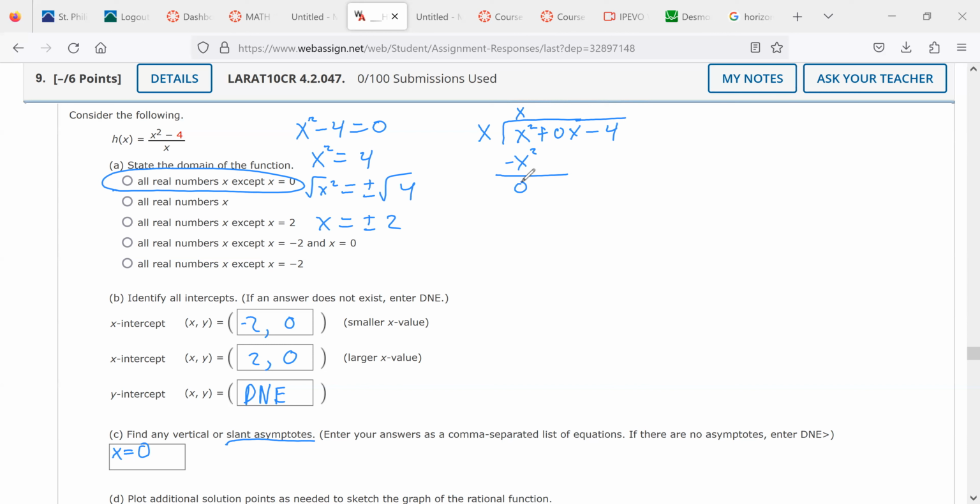Bring down the -4. Technically, you would bring down the 0 first.